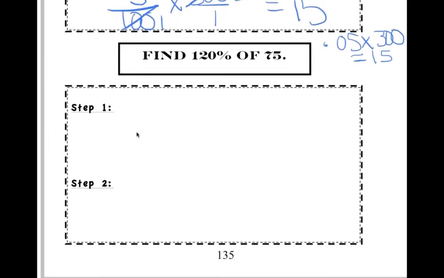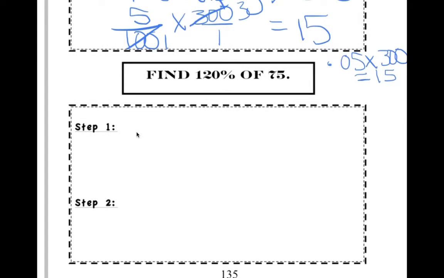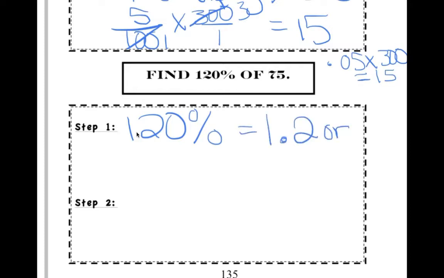Okay, now let's find 120% of 75. Okay, now this is a little bit harder because 120% is more than 100%. It's going to be bigger. Your answer is going to be bigger than the number, and that seems a little bit weird. Okay, so 120%, if we convert it to decimal, equals 1.2, or 120 over 100, which simplifies down to 12 over 10, which also simplifies down to 6 over 5.